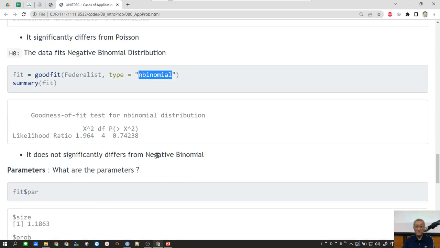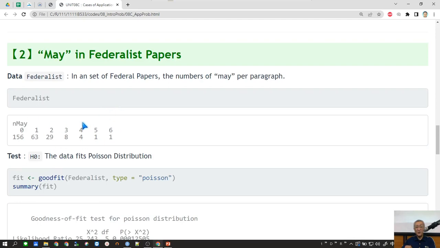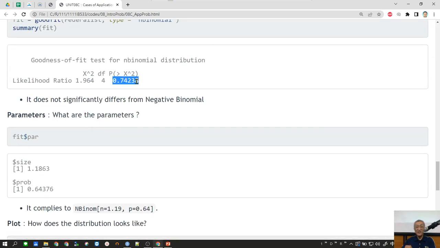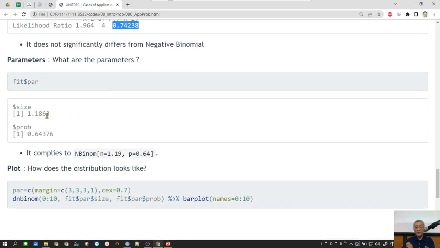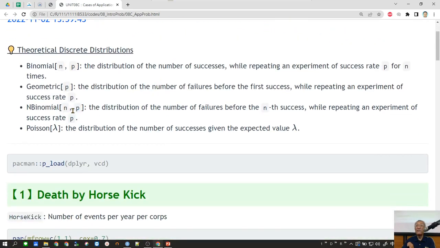In this negative binomial, as you can see, it is not significantly different. So you can treat this empirical data as a negative binomial with size and probability. This is the parameter. Negative binomial has 2 parameters.